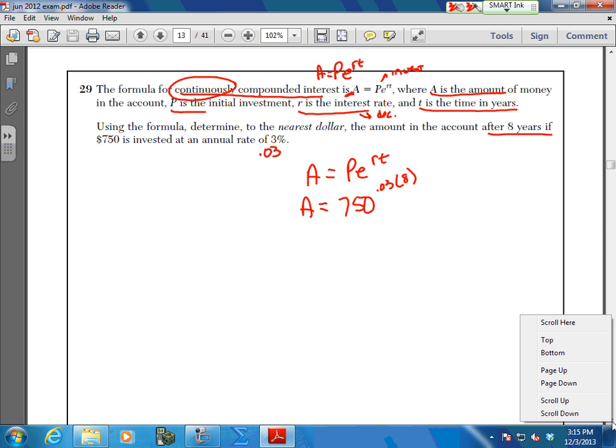Show all substitutions and then put it in your calculator to get your answer. Remember, this only goes with the e. So put it in exactly like you read it, and you want to remember to watch your rounding. Round to the nearest dollar, $953.